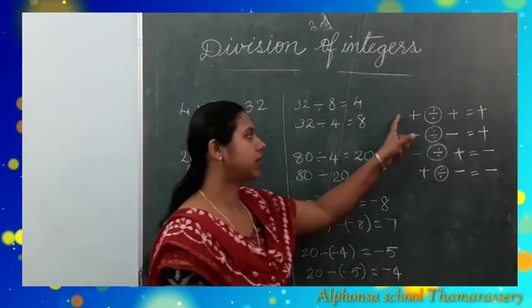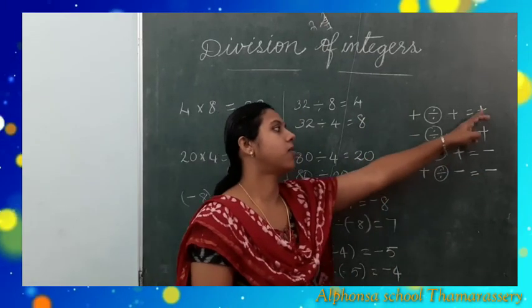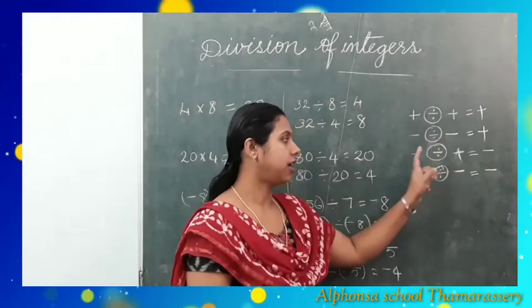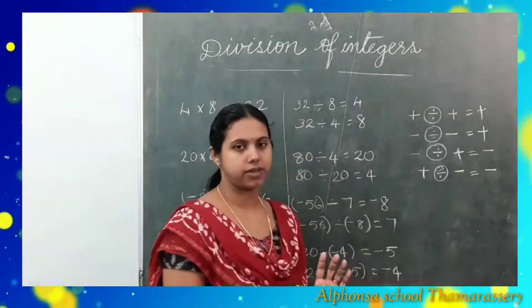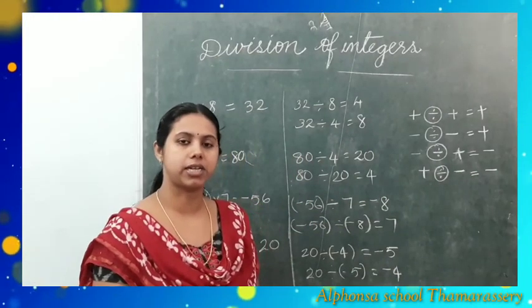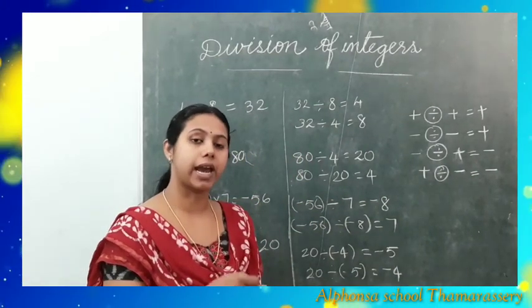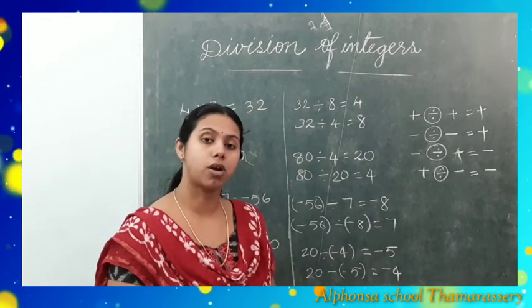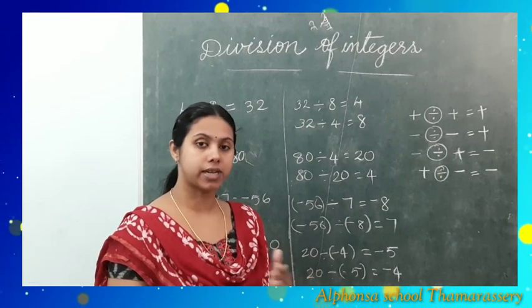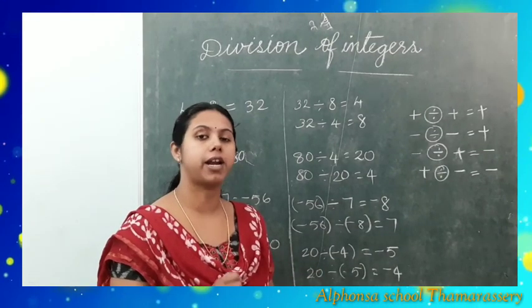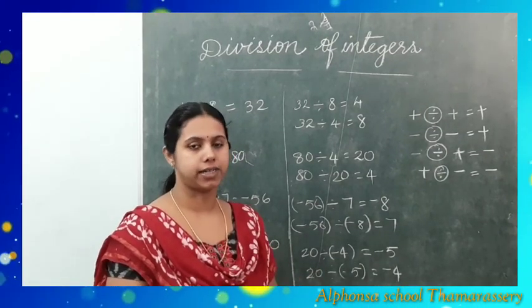So if both the signs are the same, it will be positive. If different signs are coming, then it will be negative. Same rules of multiplication. Negative into negative is positive, negative divided by negative is also positive. Positive into negative is negative, the same way positive divided by negative is negative.